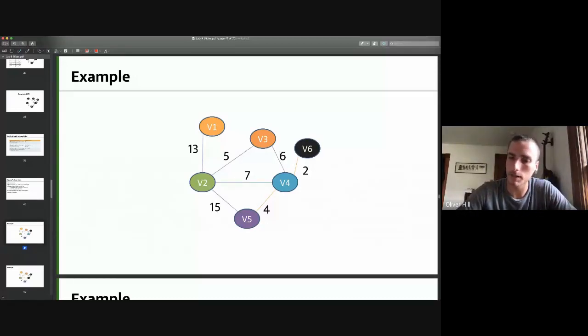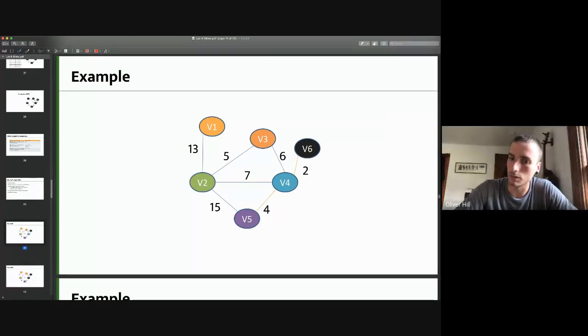Can you re-explain cycles? Yes. So here, V4, V2, and V5 have a cycle because from V5, I can get back to V5 on a path that only includes each edge once. So it wouldn't be a cycle if I had to go V4 and then V2 and then V3 and then V4 and then back to V5, because I would include this edge twice.